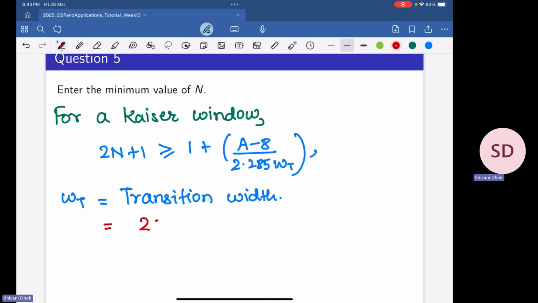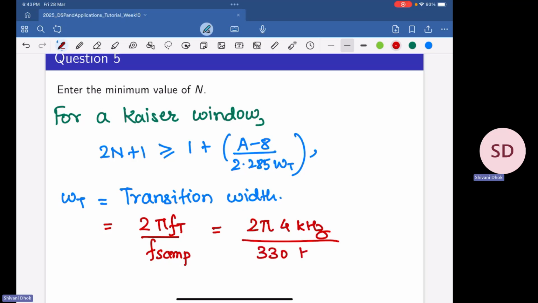So this is equal to 2 pi ft by fs. This comes out to be 2 pi times ft, given as 4 kilohertz, divided by the sampling frequency, given as 330 kilohertz. If we simplify this, it comes approximately equal to 0.024 pi.